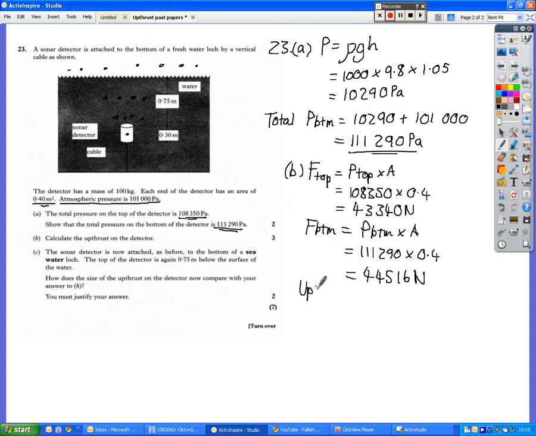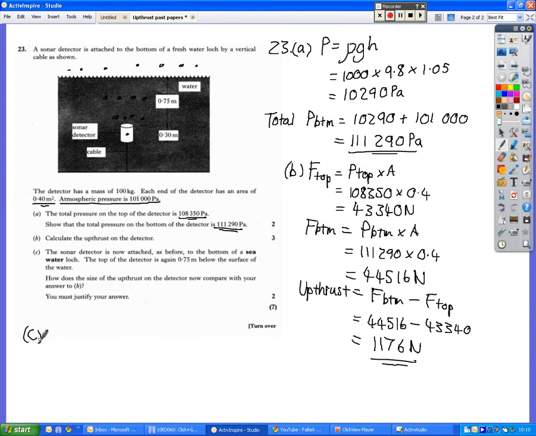So upthrust is equal to the difference between these two forces. The bottom force is the larger number, so we'll put that first: 44,516 minus 43,340. That will give you 1,176 newtons. That's your upthrust.